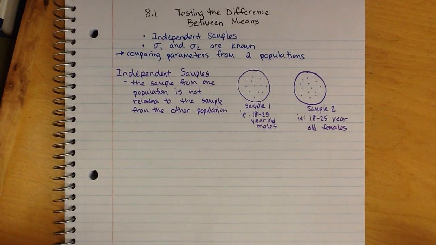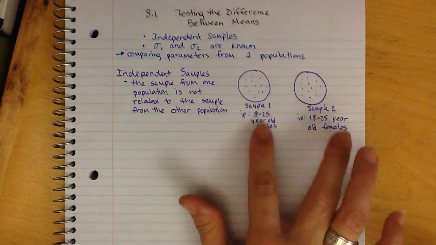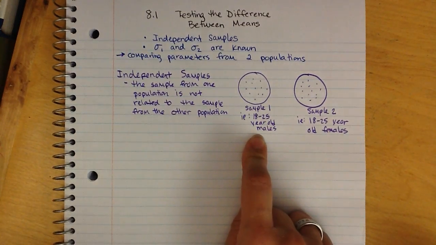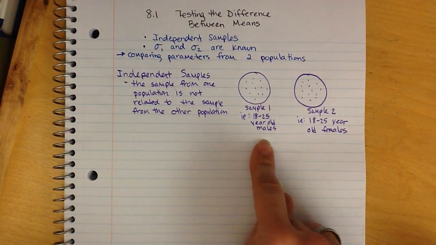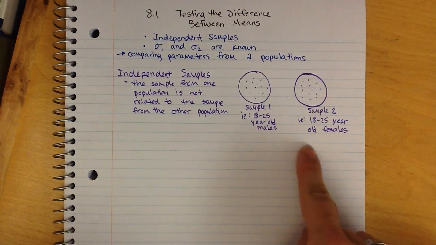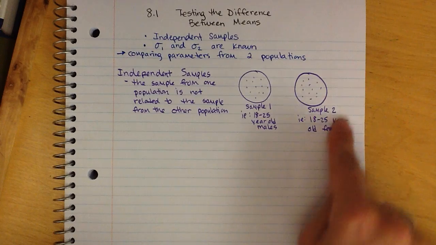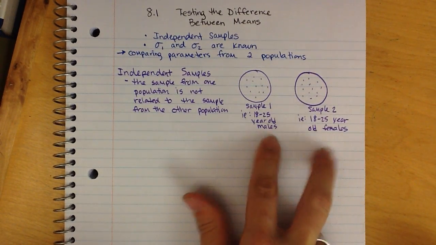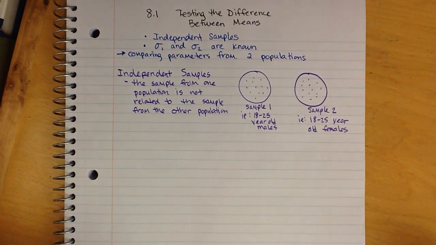So when we test the difference between means, we're going to say, okay, what is the mean income for 18 to 25-year-old males, and we want to see if it's the same or different from the mean income for 18 to 25-year-old females. So these would be independent samples because they don't overlap.